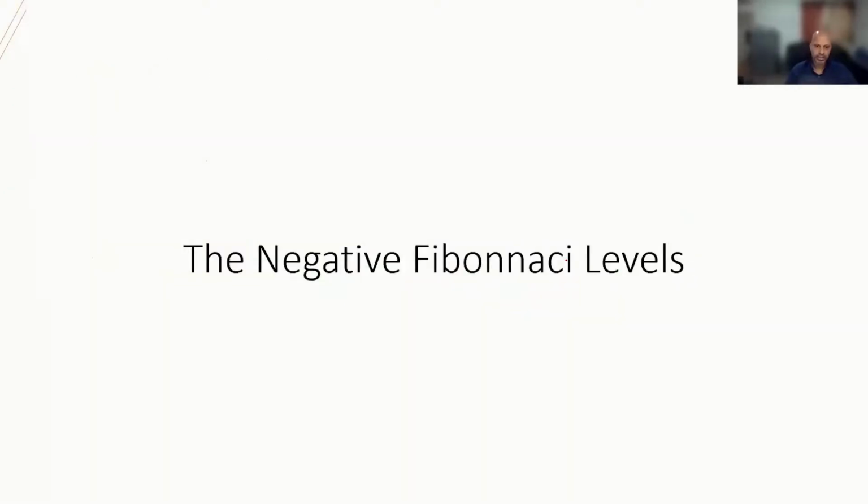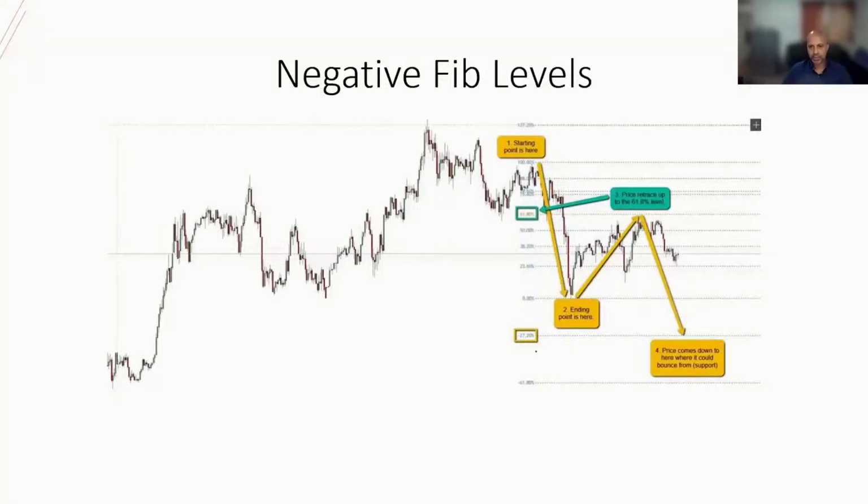All right, so the negative Fibonacci levels are also known as expansion levels. The key negative Fibonacci levels are negative 27.2% and negative 61.8%. So you may hear or come across this term, so do not be confused if you come across the term Fibonacci expansion or expansion levels.